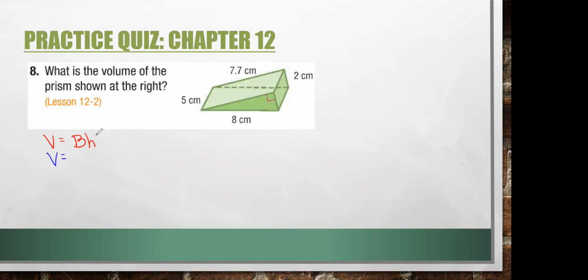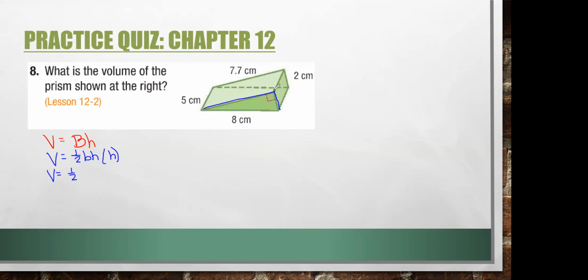So the area of a triangle, recall, is half of the base times the height. That's of the triangle. Then you still multiply by the height of the prism, okay? So we plug in our values, the base of the triangle. Here we have our right angle.